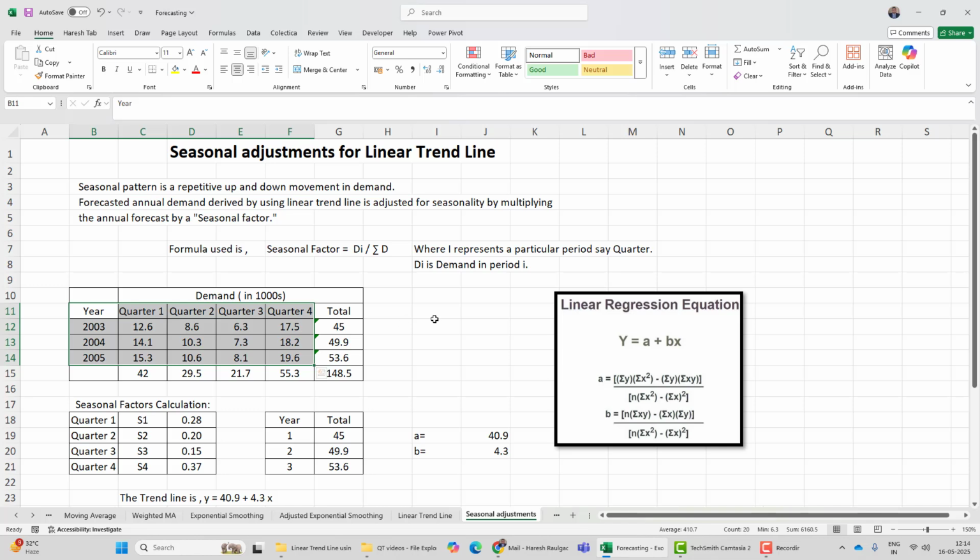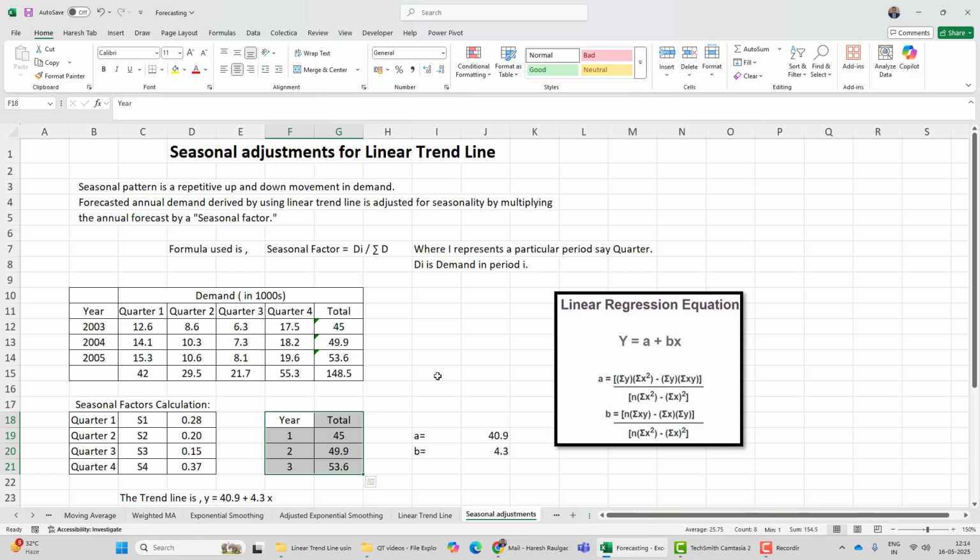First, we calculate the total for the entire year, simply by adding these. So once you have the year wise totals, I have recaptured them here.